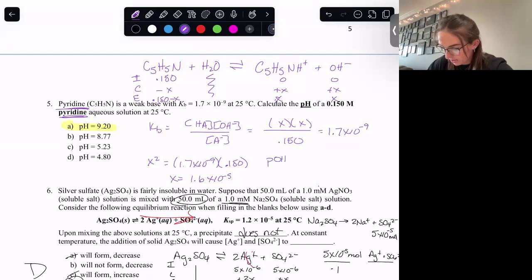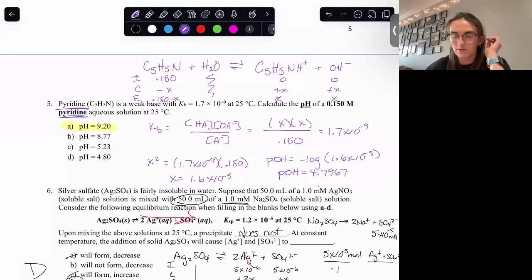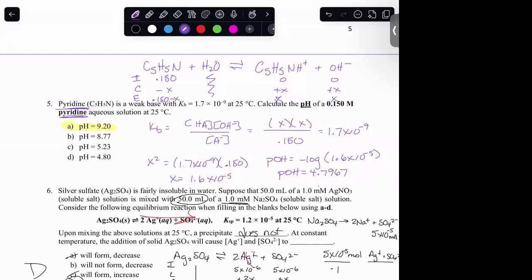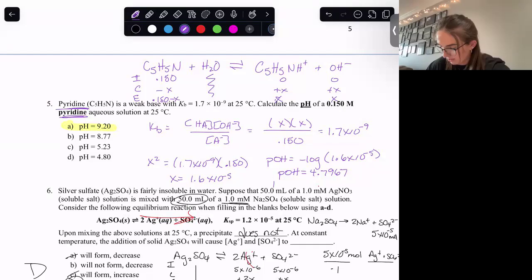So we can get the pOH, which is the negative log of 1.6 times 10 to the negative 5. pOH will equal 4.7967. And how do we get to pH? Does this answer our question? 14 minus the pOH. Perfect, right? So we know that 14 minus pOH will equal pH. So 14 minus 4.7967 will equal 9.20 when you round, which is A.